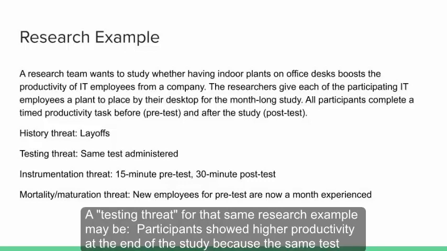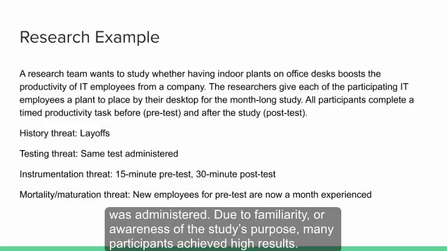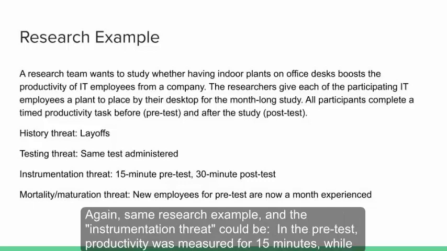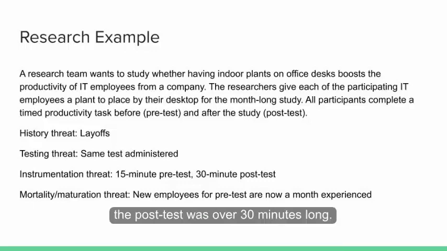A testing threat for that same research example may be participants showed higher productivity at the end of the study because that same test was administered. Due to the familiarity or awareness of the study's purpose, many participants achieved high results. Again, same research example, the instrumentation threat could be, in the pre-test, productivity was measured for 15 minutes, while the post-test was over 30 minutes long.